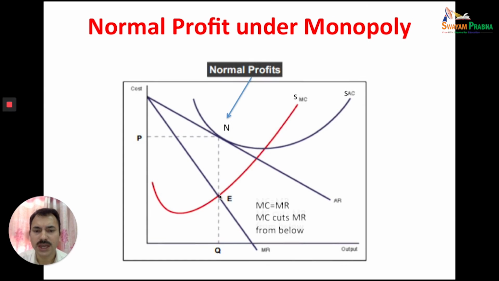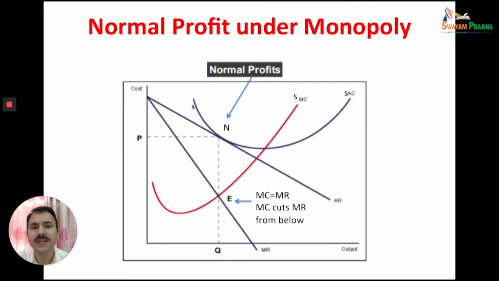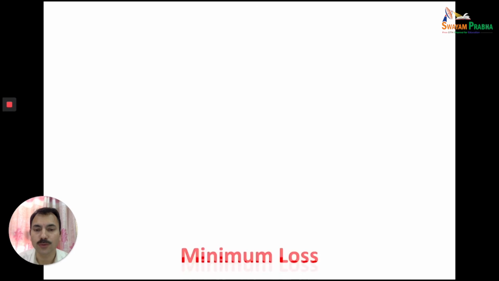This is E where MC is equal to MR, MC cuts MR from below, and OP is the price. The point where average revenue is tangent to average cost is the normal profit. Here no profit, no loss. The firm is in equilibrium, and this point shows the normal profit, when average cost is equal to average revenue. This is the normal profit in case of monopoly.